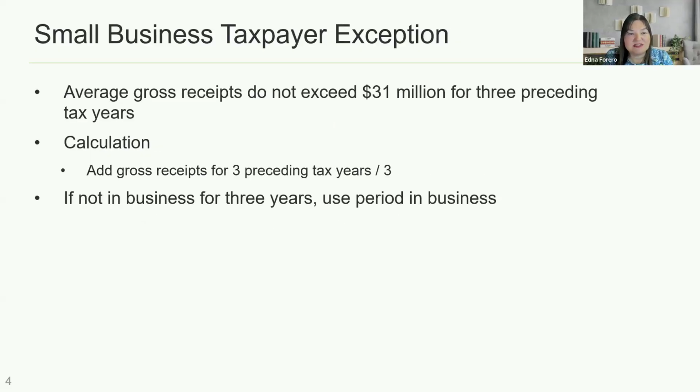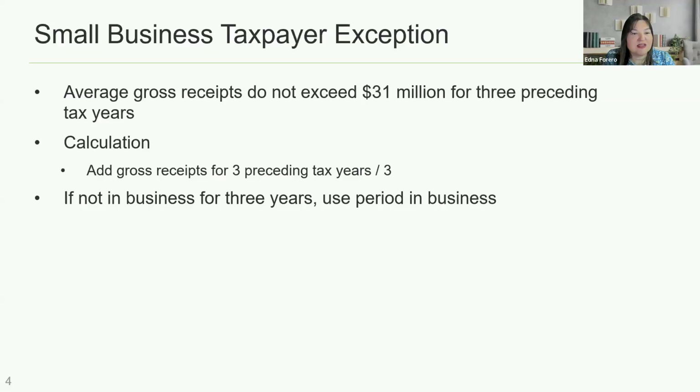For small businesses, if their average gross receipts do not exceed 31 million for the 3 preceding years, then they may be able to use the small business taxpayer exemption. Basically, if a business other than a tax shelter has annual gross receipts for the 3 preceding tax years that do not exceed 31 million, which is the number for 2025, by the way, then they would be eligible to use the cash method of accounting.